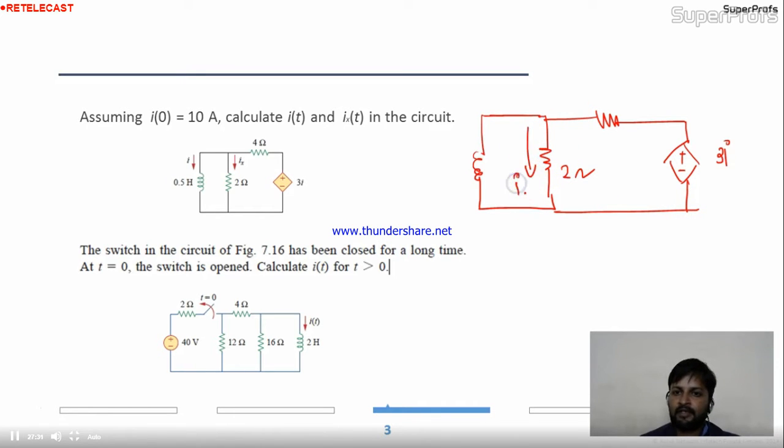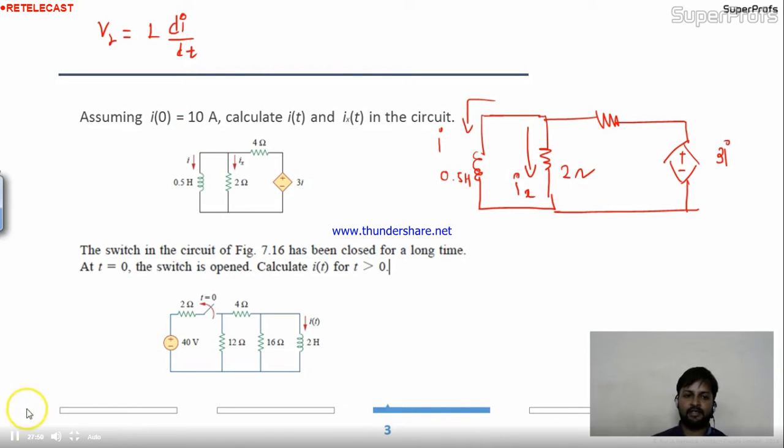The current given here is Ix, the current in this branch is I, and the value of this inductor is 0.5. The relation between voltage and current for the inductor is L di/dt, so the voltage at this point is L, which is 1 by 2, di/dt. Is it correct? The value of this resistor is 4.